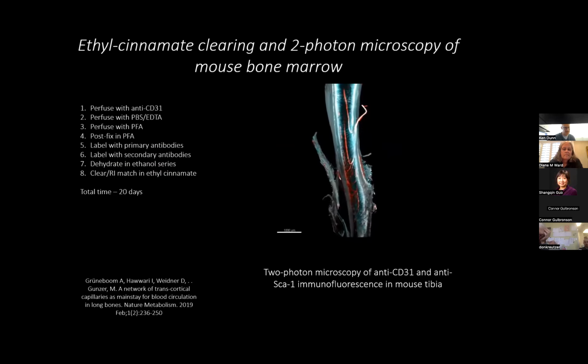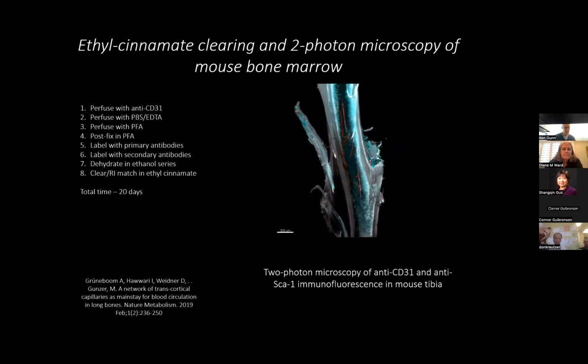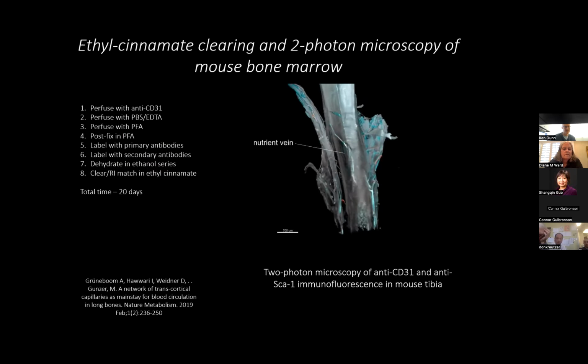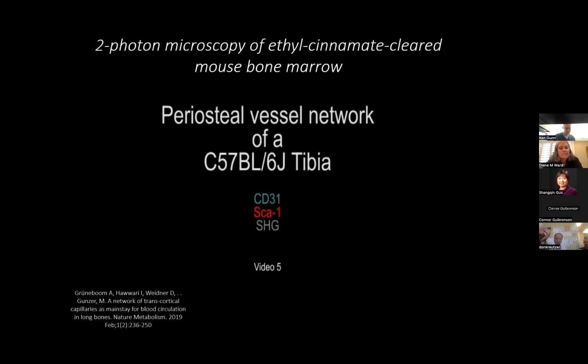So in this case, again, incubated with anti-CD31 antibody, fix the tissue, label with primary antibodies. These guys actually labeled with primaries and then secondary antibodies, dehydrated it, and refractive index matched with ethyl cinnamate. Total time for this took 20 days, which is a lot longer.